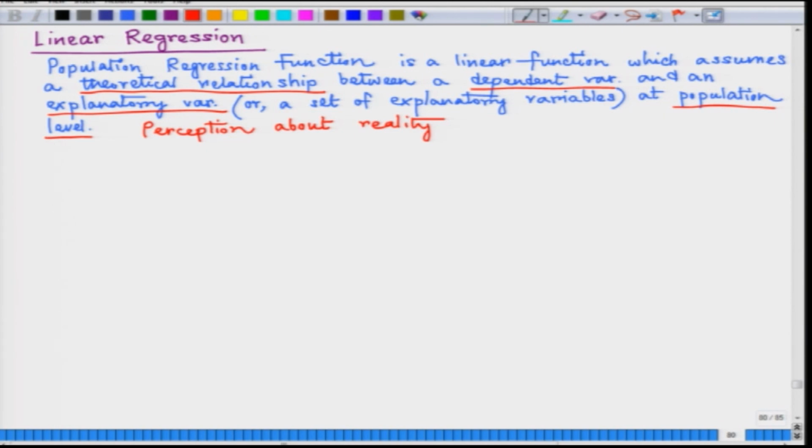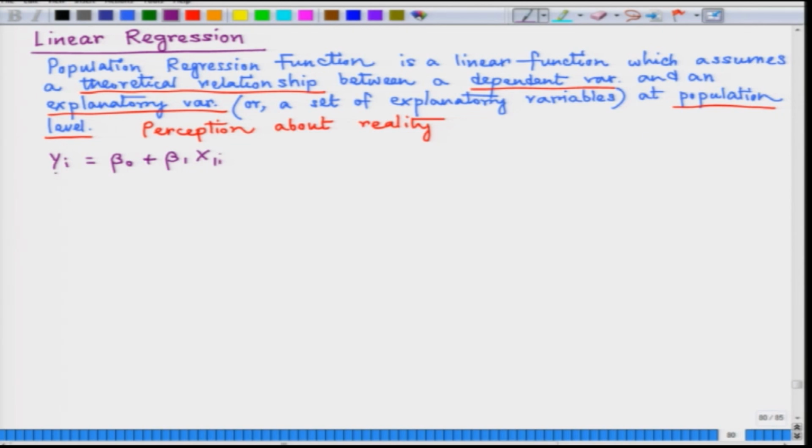Here we are going to study linear regression analysis, and the purpose of linear regression analysis is to take a purely theoretical equation, which is a population regression function, something like this: y_i = beta_0 + beta_1 x_1i. This is my population regression function.